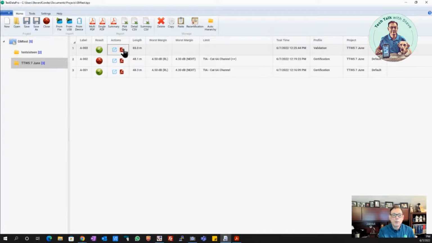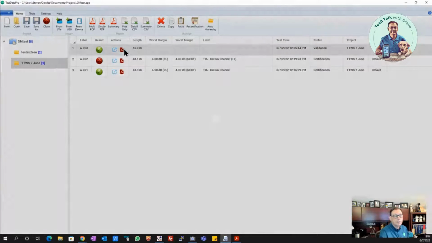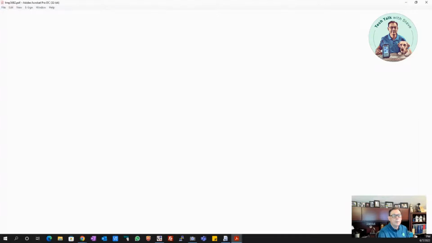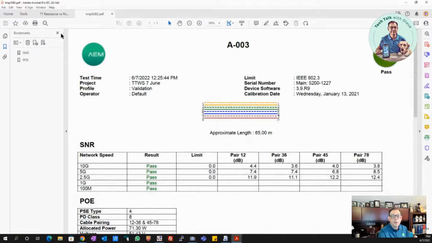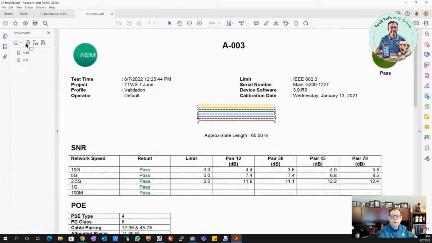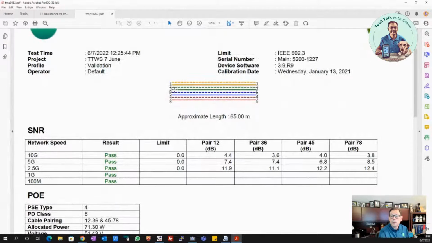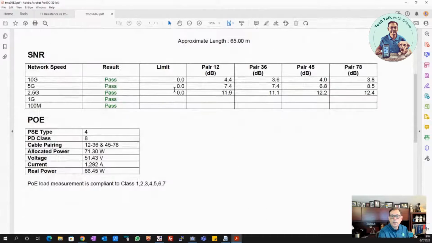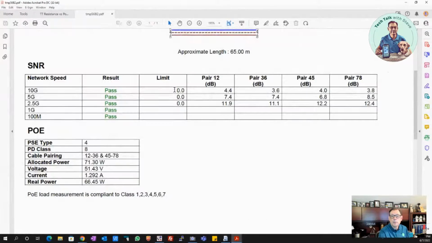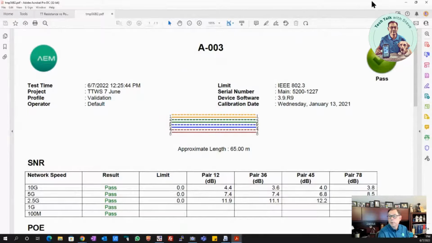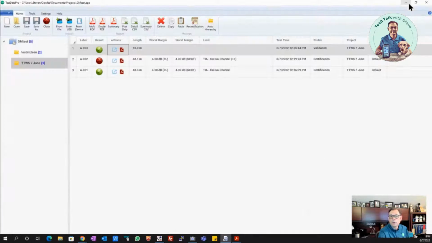So we can look at any of these tests or generate a report with all of these tests for the customer and show them the test results. You can give them some as-built drawings, not just with the cable certification, but here, as we can see, we have a test showing that PoE level. We see our signal to noise ratio level. So all this can be incorporated into one concise report for the customer.